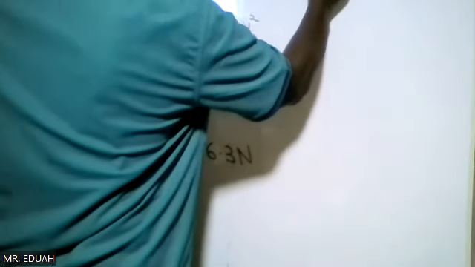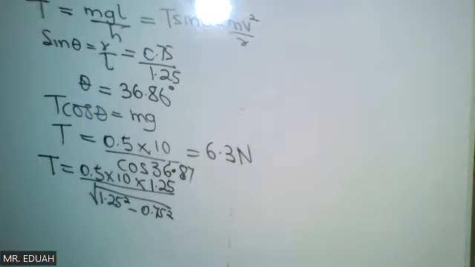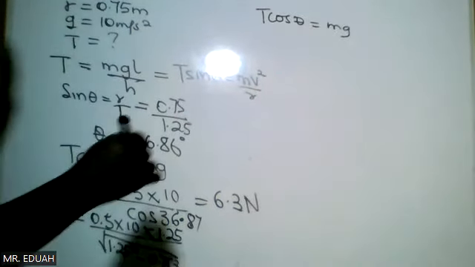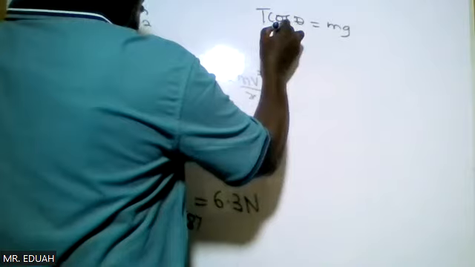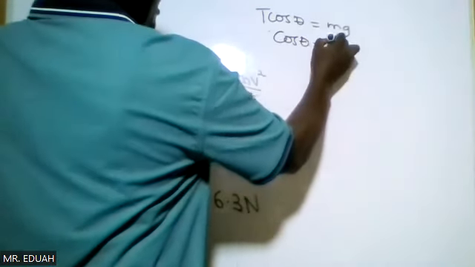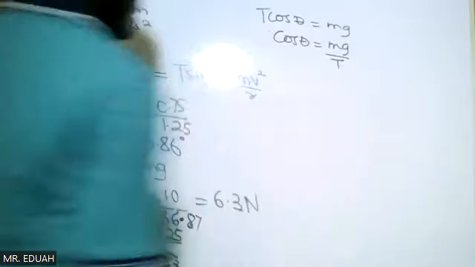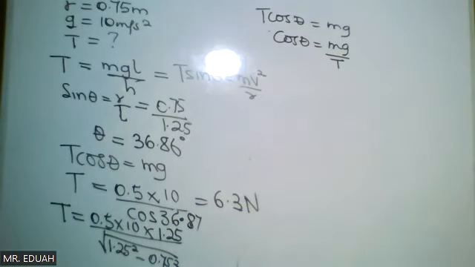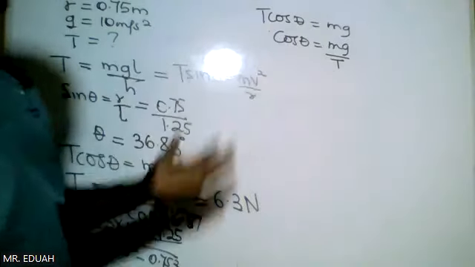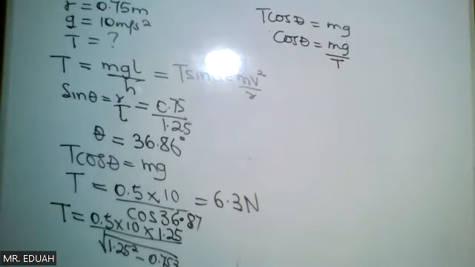From that equation, you make cos theta equal to mg out of T. Then after you have cos theta equal to mg out of T, you put it in there, T is equal to mg out of cos theta.